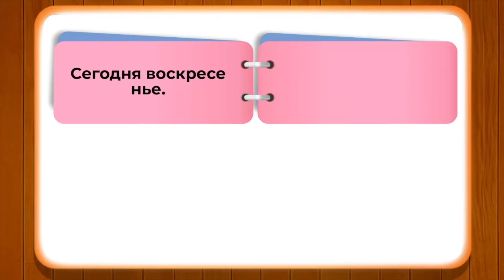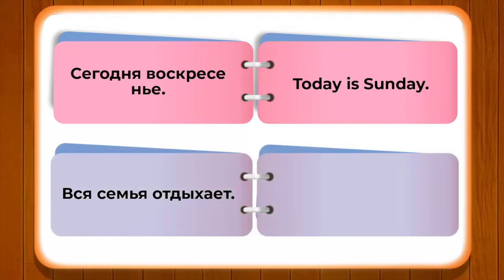Okay, now let's go ahead and pay attention to the last para of the text. Сегодня воскресенье. Сегодня воскресенье means today is Sunday. You can also change it with any other day of the week. Вся семья отдыхает. The entire family is taking rest.